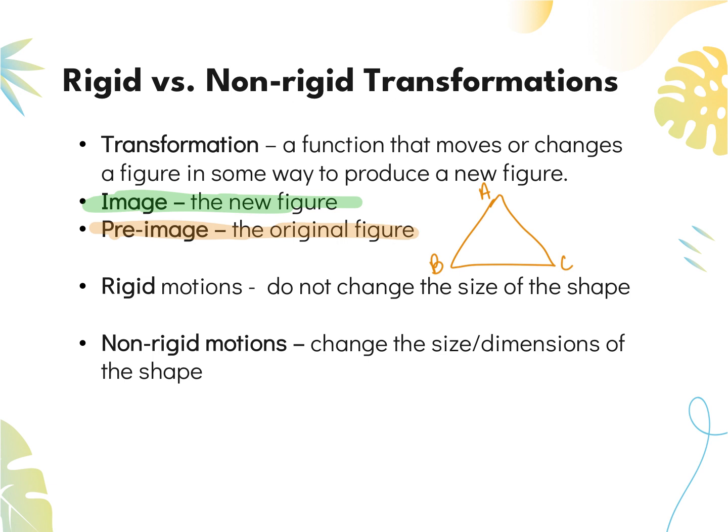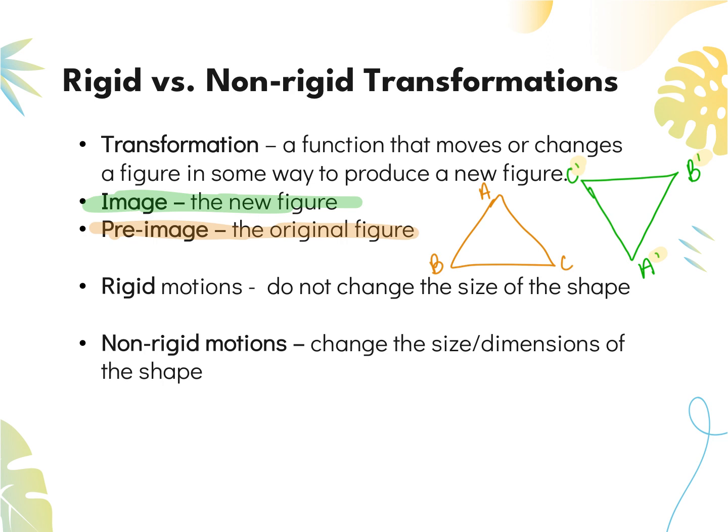And then I'm going to my new figure. So I'm just going to draw it. Let's just say this was a type of transformation. Let's say it was a reflection. And normally it'll be represented with those little apostrophes at the top. So looking at it, these little apostrophes are what is going to tell you you're going to your new image.